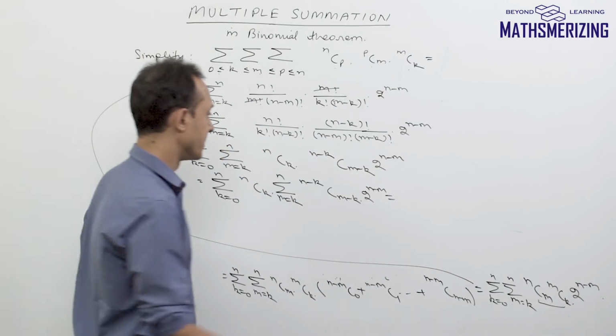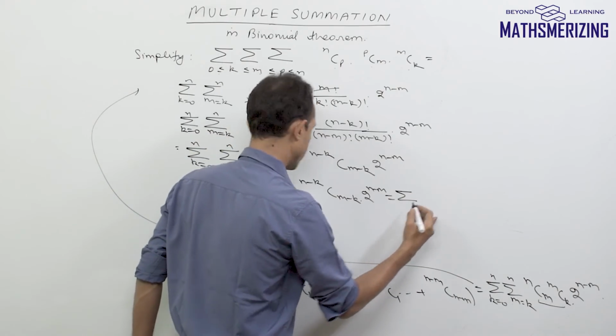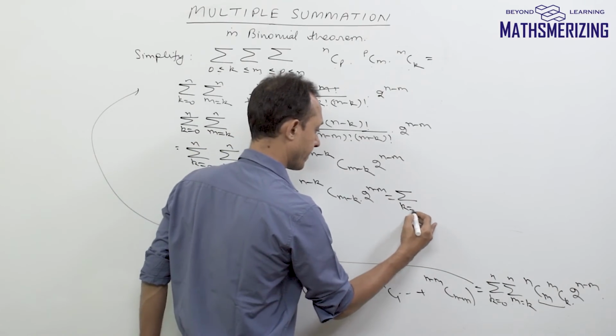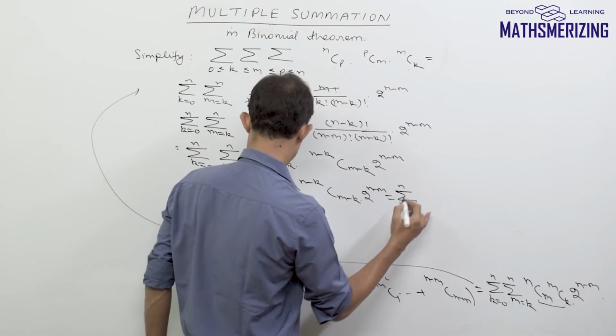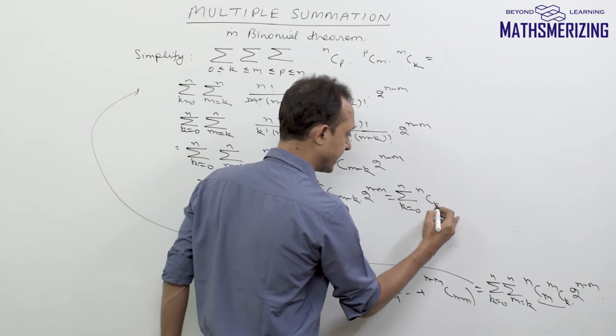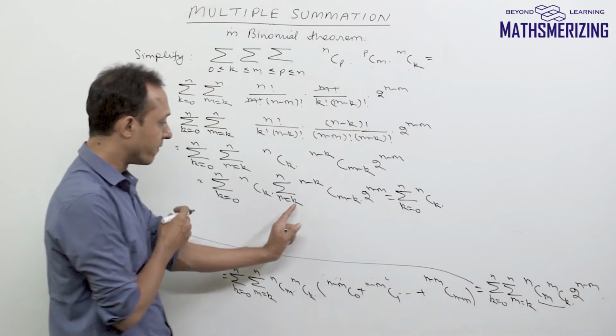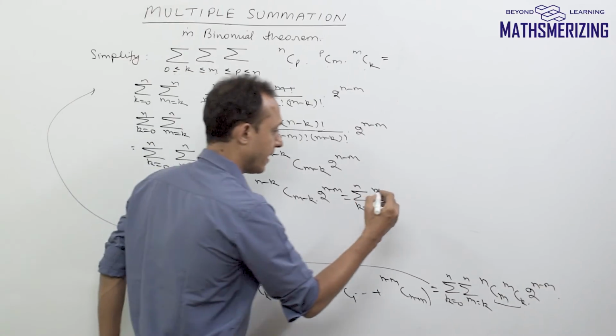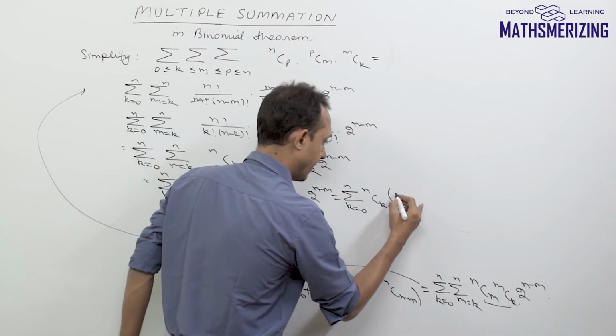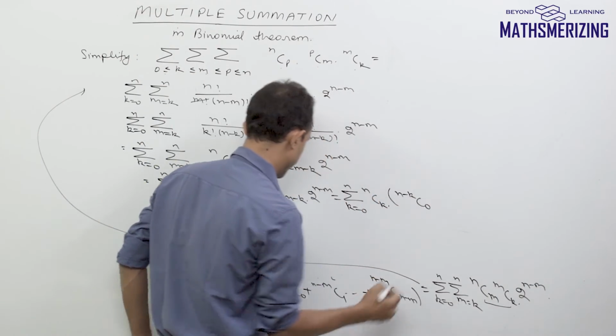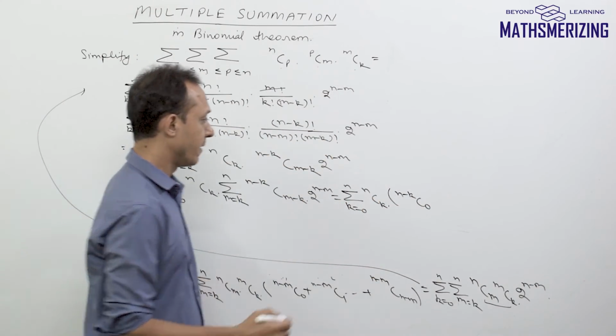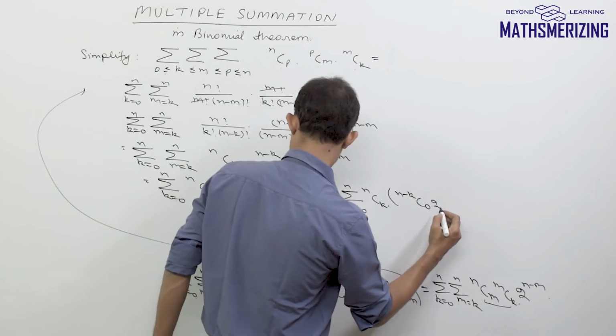So I can actually express it as summation k varies from 0 to n, and there'll be nCk, and here if I put the value of m as k, I'll get n minus k c 0 and 2 to the power of n minus k.